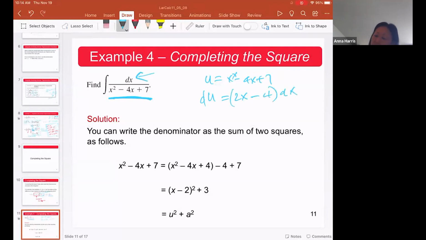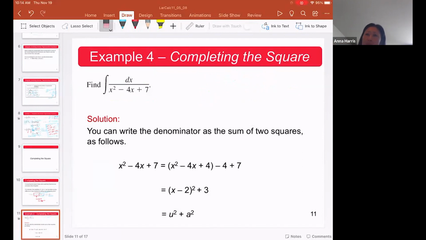But I cannot give 2x minus 4. Remember, I can only multiply or divide by a number only. I cannot just supply x, okay? That is not right to do. We haven't learned that kind of technique yet. So I cannot simply use u substitution.